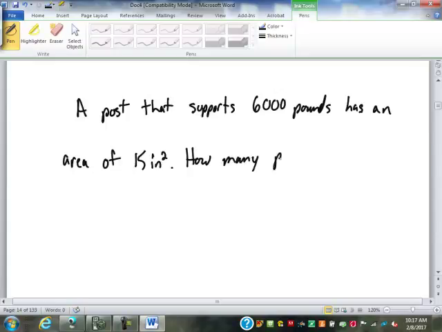How many pounds per square inch does the post support?